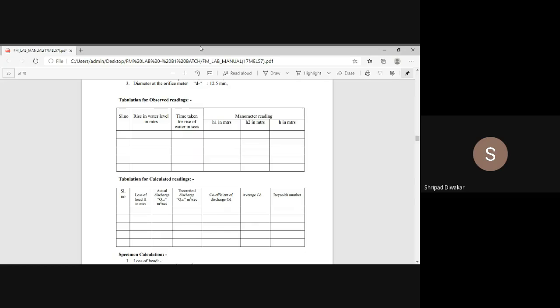Done, sir. So calculations are very simple. First reading, write down rise in level 0.1 meter. For all the readings it is 0.1 only. Time taken for the first set of readings is 39 seconds.